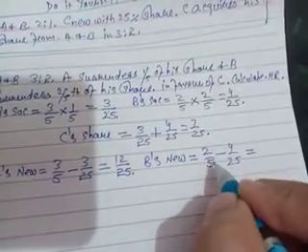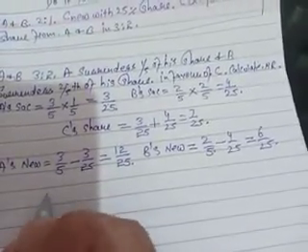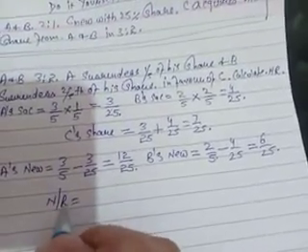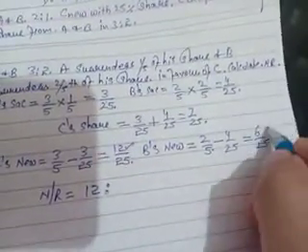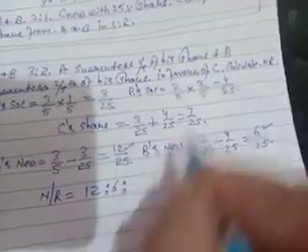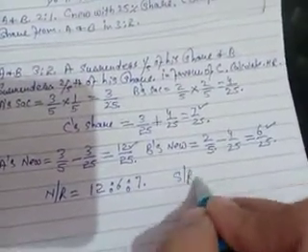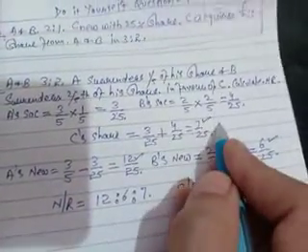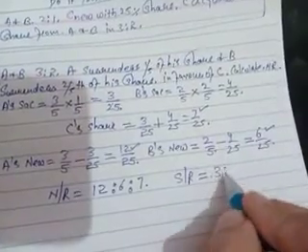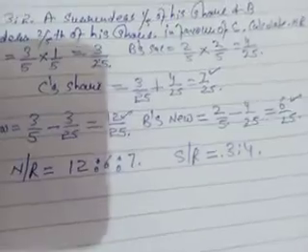That comes out to be 6/25. So the new ratio shall be 12:6:7. And the sacrificing ratio is already given to us in the question, 3/25 and 4/25, that is 3:4. So please see to it while we proceed to the next example.